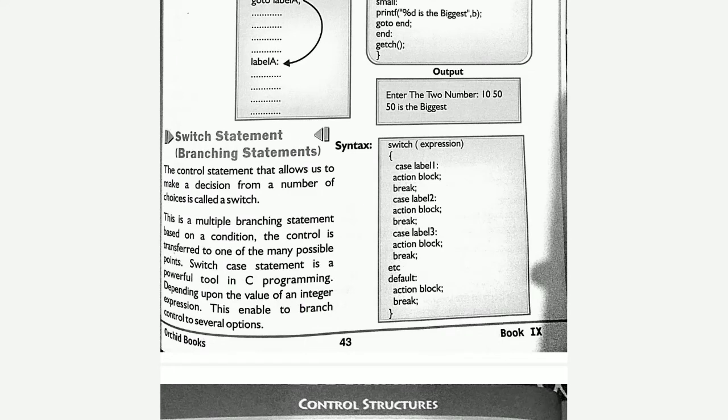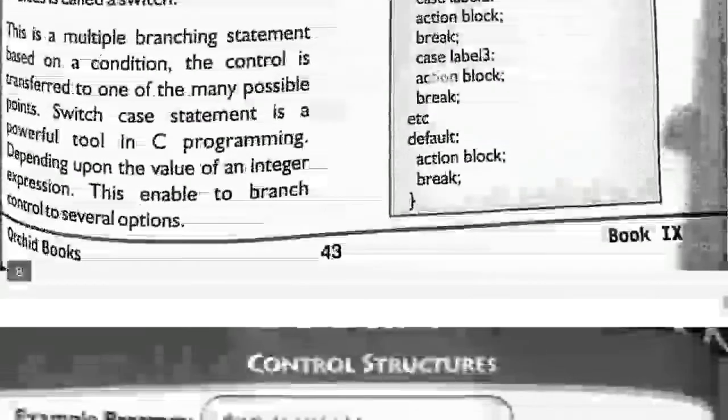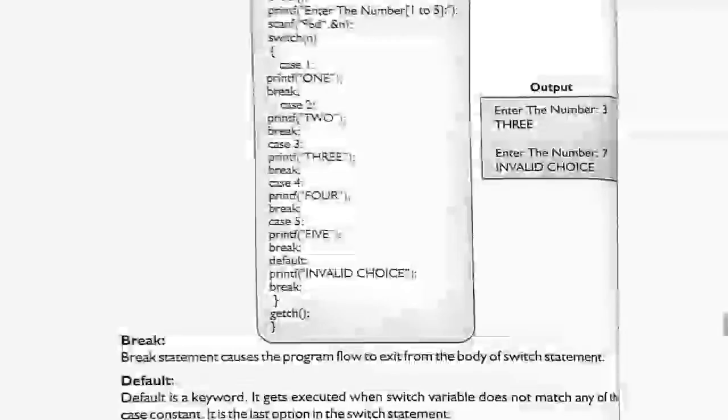Next is the branching statement. Switch statement is also known as branching statement. Multiple branches can be given to your decision making statement. Here you can see that there is an example. Multiple choices can be given here, so based on your input, the multiple options are triggered.